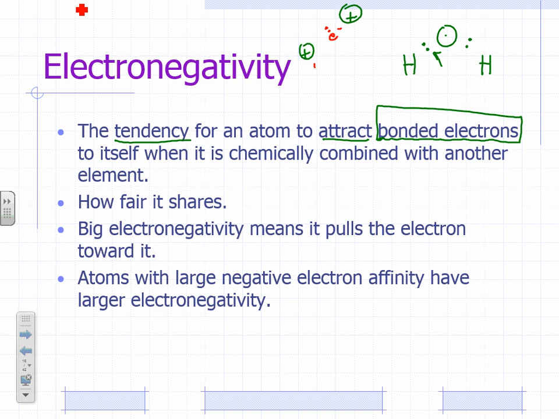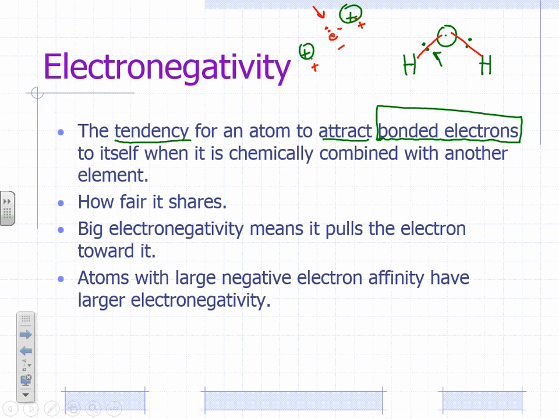So this positive, negative, positive arrangement is the glue that holds these atoms together. It's a result of the attraction between opposite charges, positive nucleus and the negative electrons.